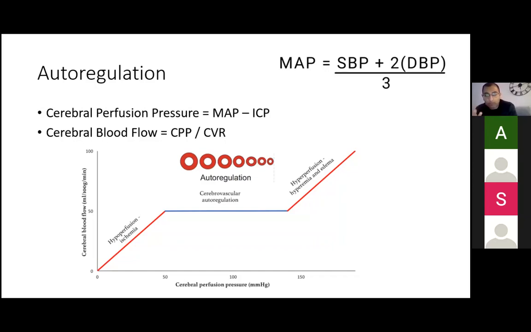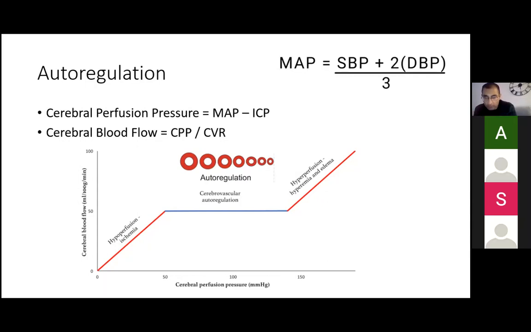It's very similar to the autoregulation you get in the kidneys with the efferent and afferent arterioles, a similar concept. First of all, we've got the cerebral perfusion pressure, which is made up of two things: mean arterial pressure, take away the intracranial pressure. That gives us our cerebral perfusion pressure, and that's what gives us our x-axis in this diagram.